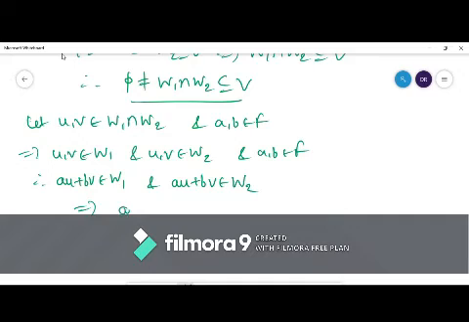This implies AU plus BV belongs to W1 intersection W2.